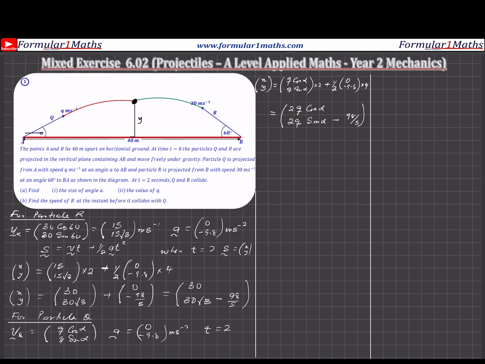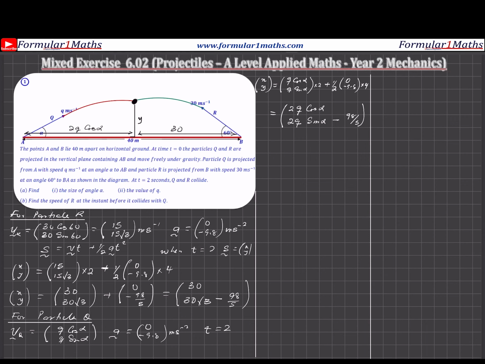So this distance here will be 2q cos alpha, and this component here will be 30 meters. But we know that this plus that will be 40, so we can write that equation down.